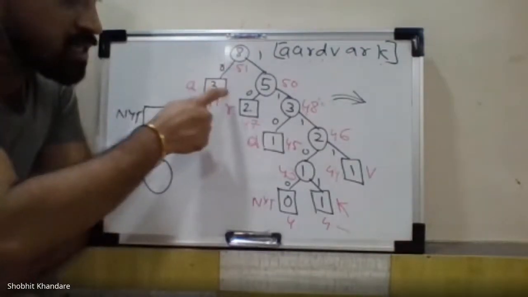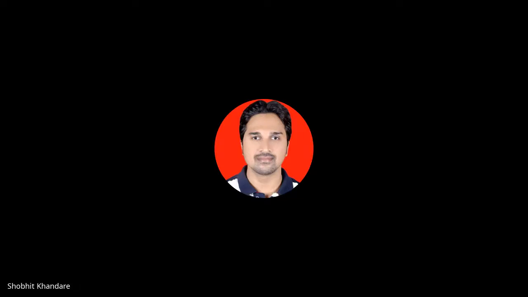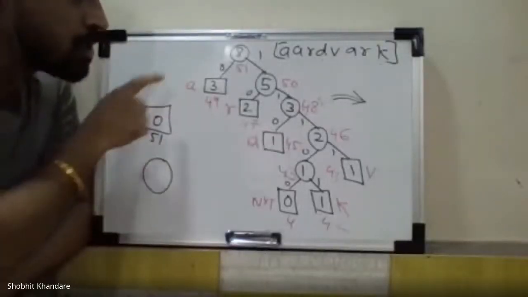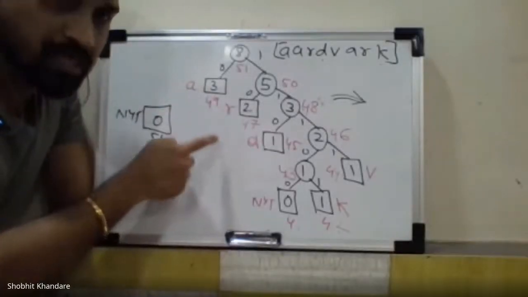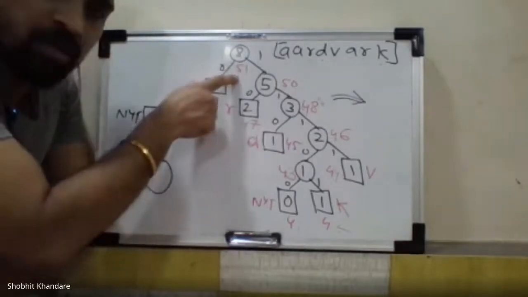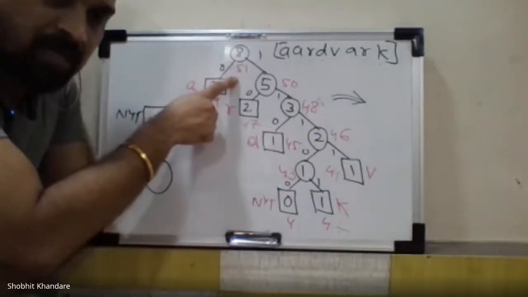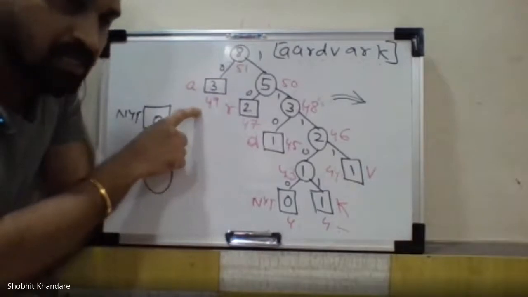And these are the nodes shown by the square or rectangle. So while giving the weights, you better start from the root and always see that the left weight should be less than the right weight.